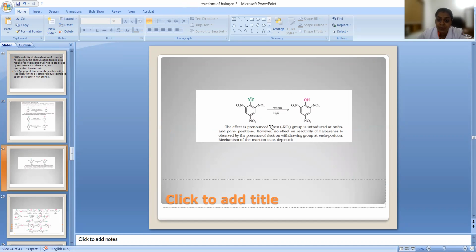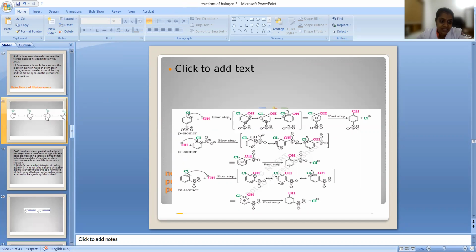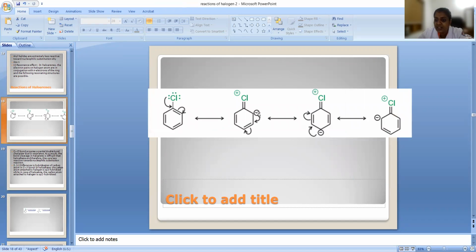So if you put the NO2 group at the ortho and para positions, it will decrease the electron density of the benzene ring. What is the reason for that? We have learned the resonance structures, right? In the resonance structure, where is the electron density more? This is one ortho position, this is the para position, and this is the other ortho position.